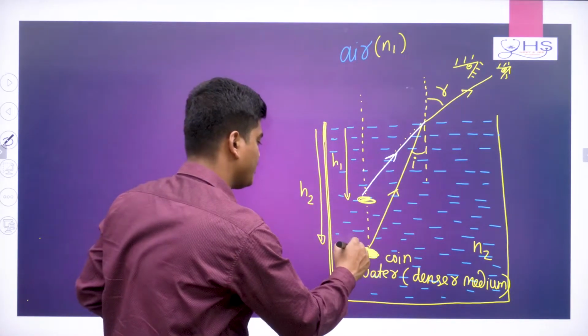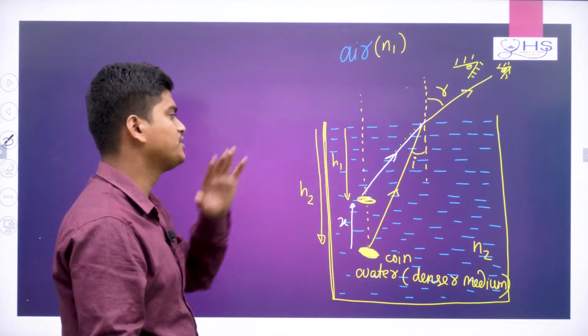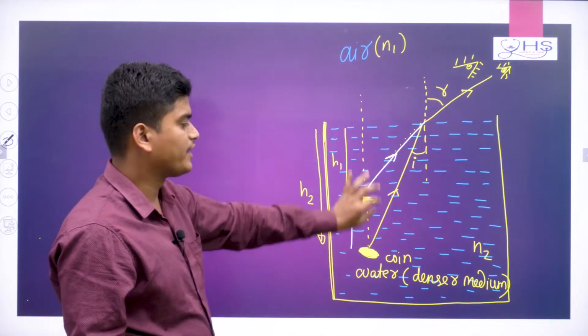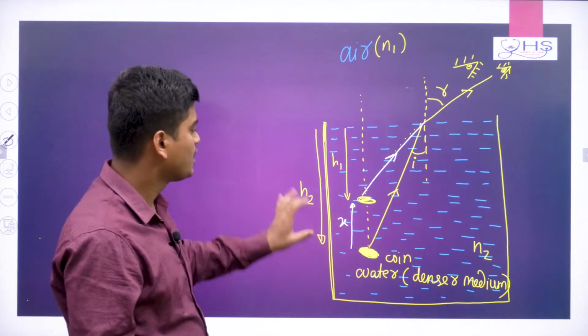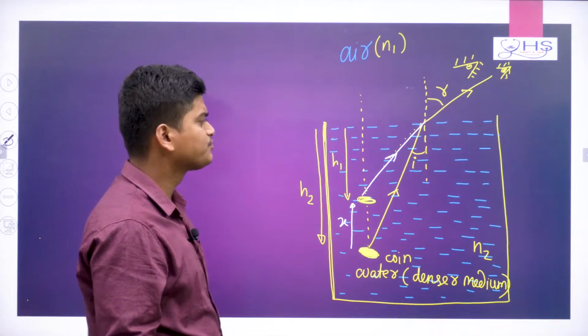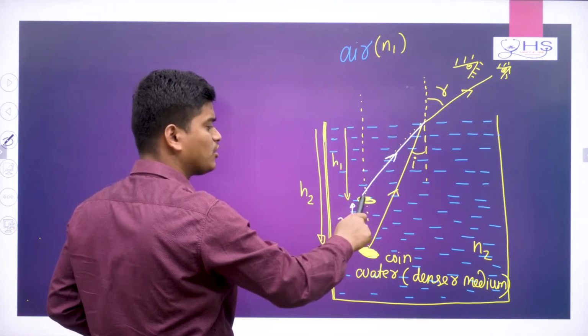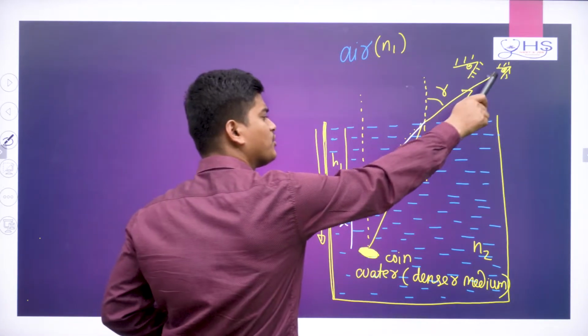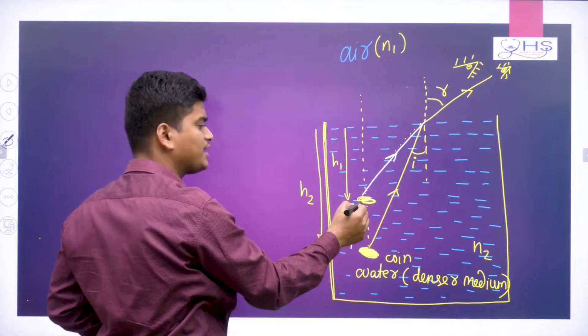So this is nothing but x, and you can call it the shifting of this coin. At some distance x it is shifting, so this is called the shifting of the coin, and h2 is the real depth and h1 is the apparent depth. Now remember, light is not actually going from here, it is bending here, but for this observer it will look like light is coming from here.